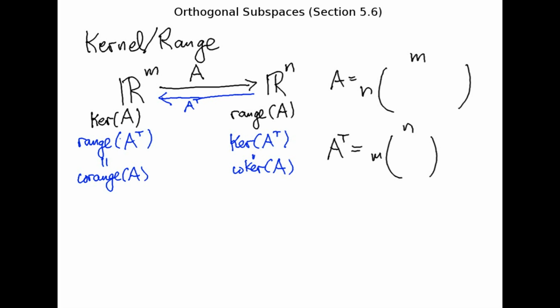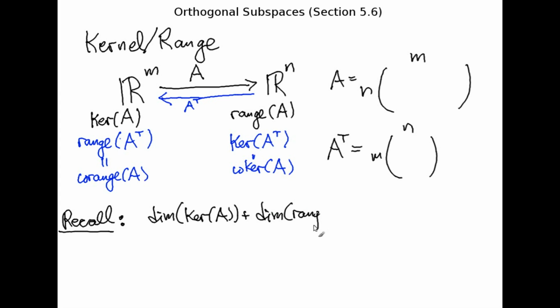And remember, we had a basic fact about some dimensions, which is that the dimension of the kernel of A plus the dimension of the range of A transpose is equal to m. We had this a couple of weeks ago. And that's quite suggestive because look what's going on here.